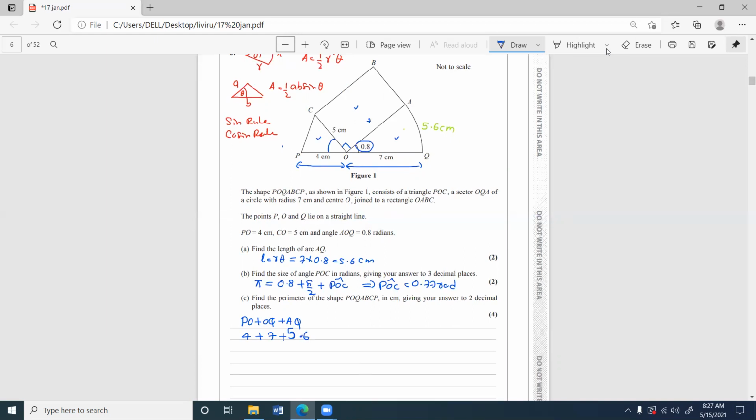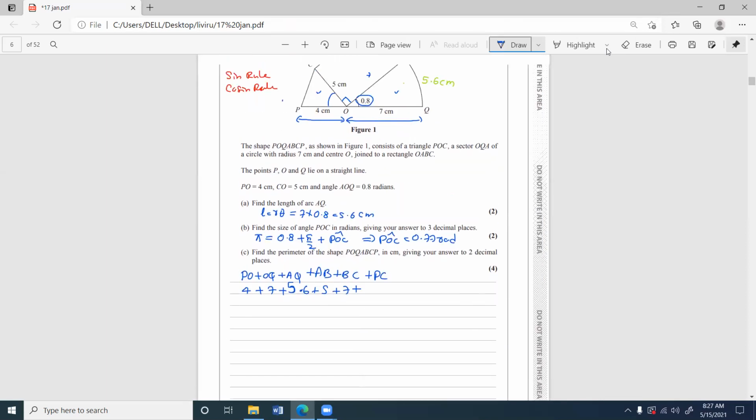AB is the opposite side of the rectangle, so it's 5. BC is 7, the same length as the rectangle's side. And now we have a problem: PC. PO we already found. How to find this PC? That is a point where we need to work out.